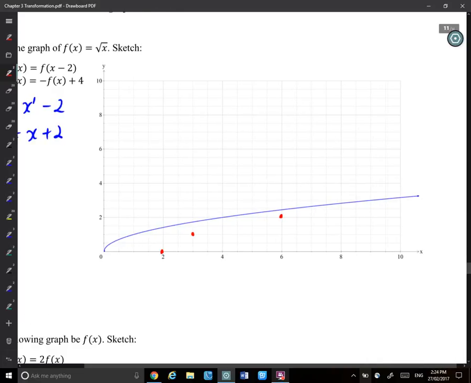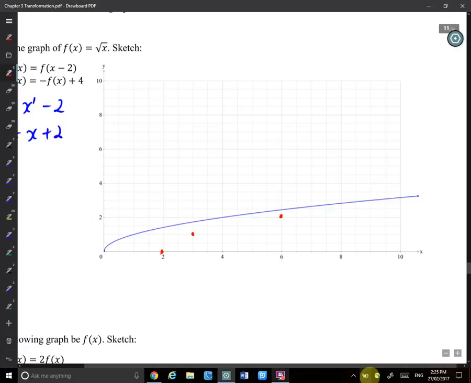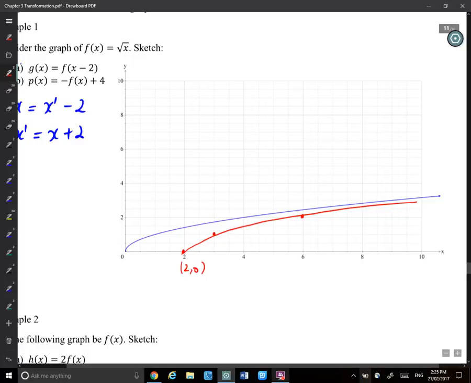So the graph will look like this, some shape like that. And you need to label a couple of points. That's 2, 0. That's 3, 1. That's 6, 2, like that.